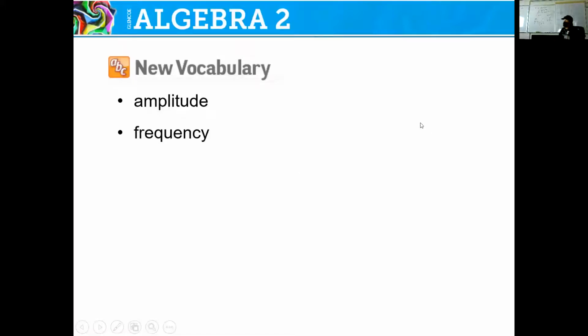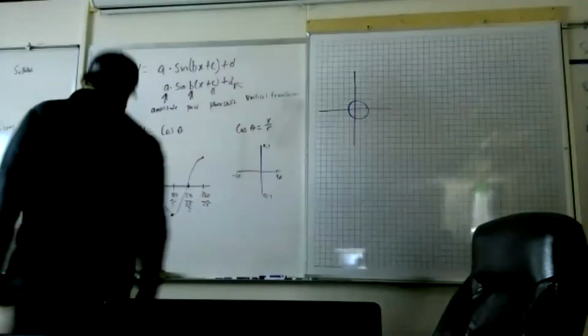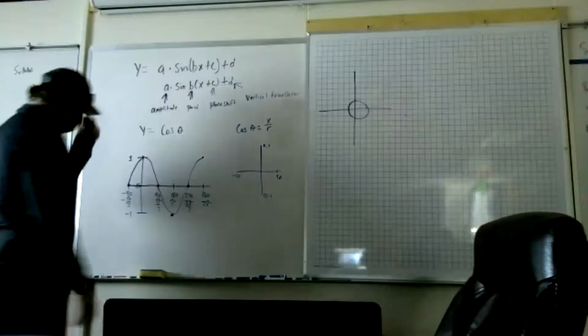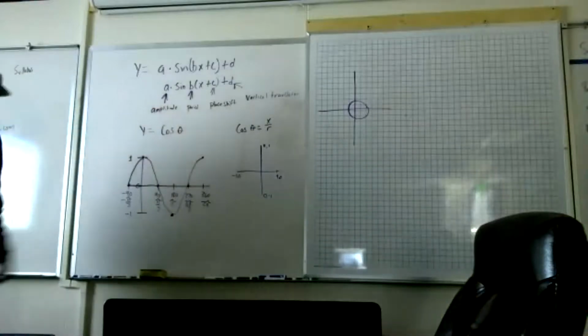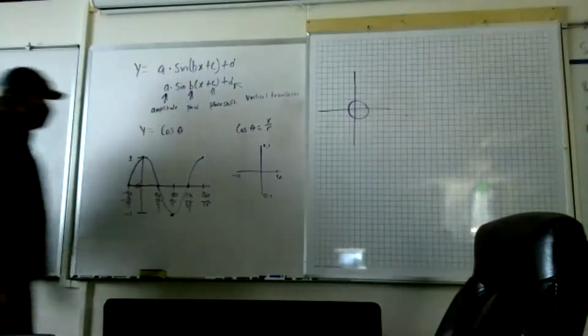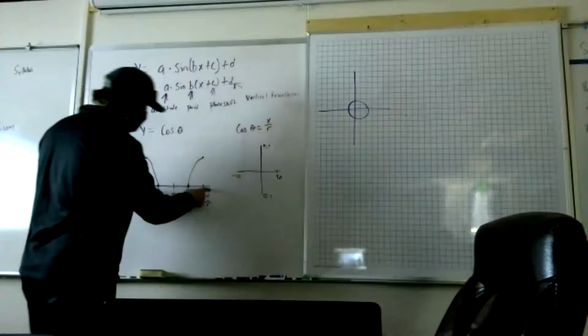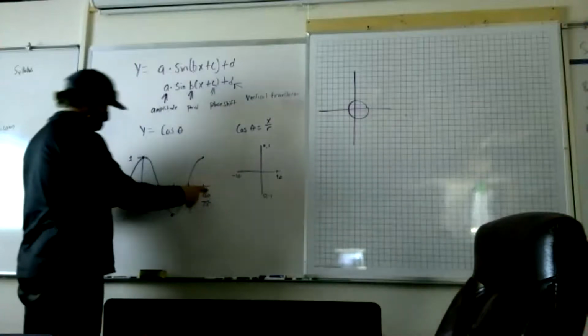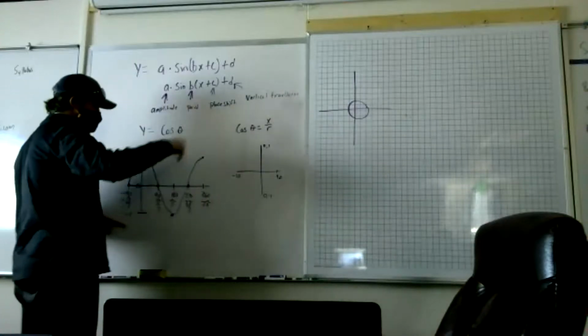Okay, frequency. Frequency is how many times it completes a full cycle within a given period, or over 1 unit, however you want to look at it. 1 unit is typically defined as 360 or 2 pi, one circle rotation.